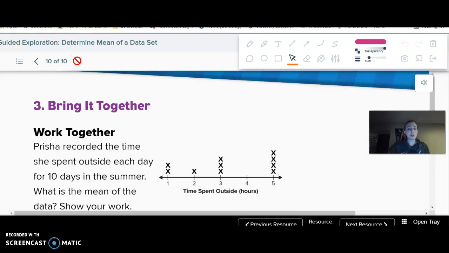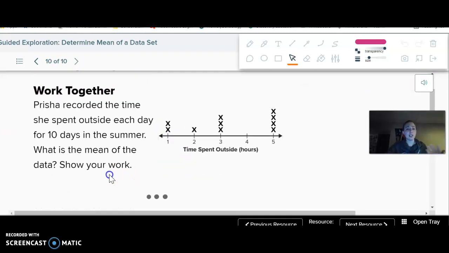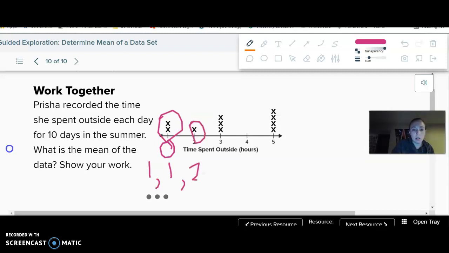So I'm going to do this one because it's on a line plot, and you might be like, how do I find the mean when all I have is x's? So what I would do is I'm going to list out the data that they give me, so it's in a list of numbers because that's easier. So I have 2 1s here, so I'd have 1 and 1. I have a 2.